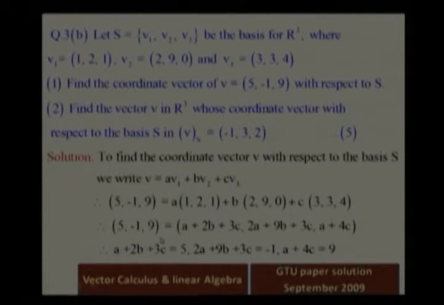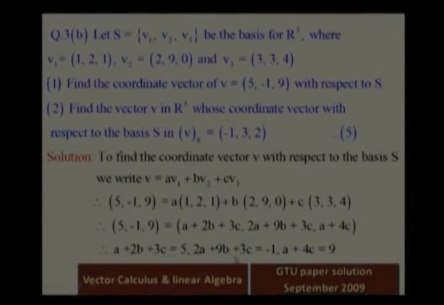So (5, -1, 9) equals a + 2b + 3c as the first equation. The second equation is 2a + 9b + 3c, and the third equation is a + 4c. So comparing these, we get a + 2b + 3c = 5, 2a + 9b + 3c = -1, and a + 4c = 9, right?